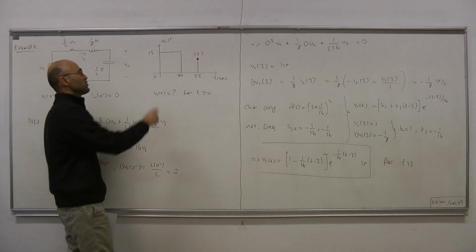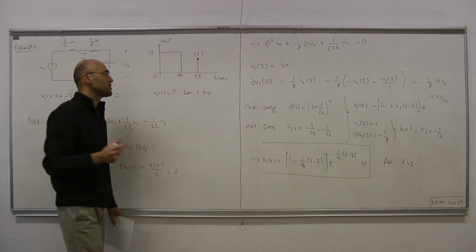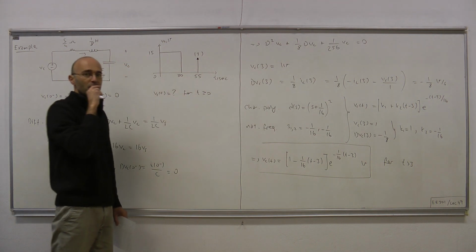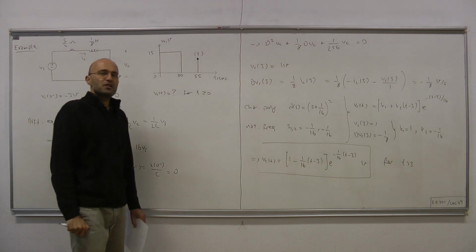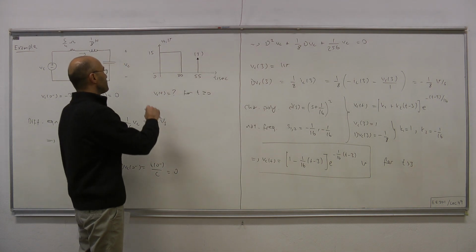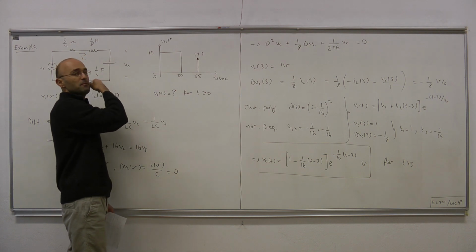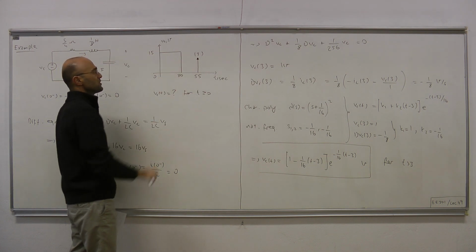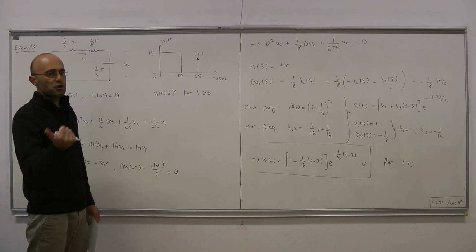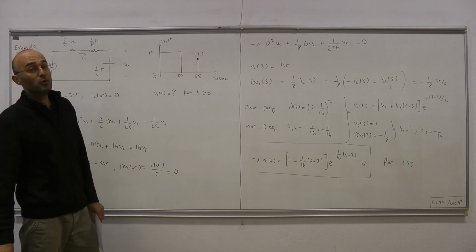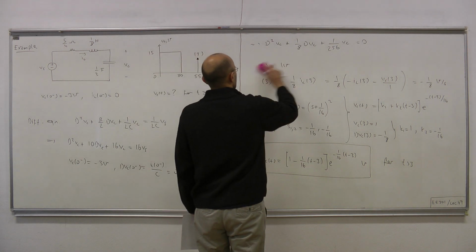Here we have a pulse, which can be represented in terms of two steps, and here we have an impulse, which can be represented by simply differentiating the step response. Therefore, if you know the step response, then you can figure out the zero state response of the circuit for this special input. And then at the very end, we combine zero state response and zero input response, which we can because the circuit is LTI and allows superposition.